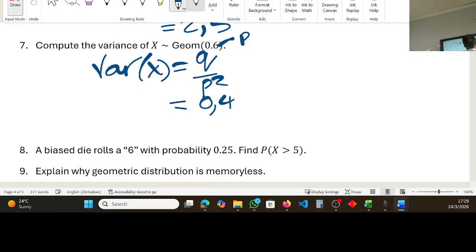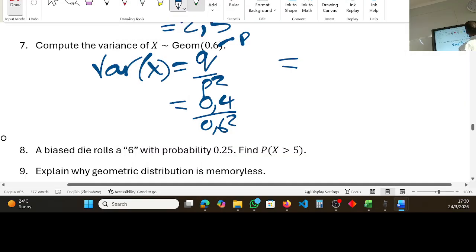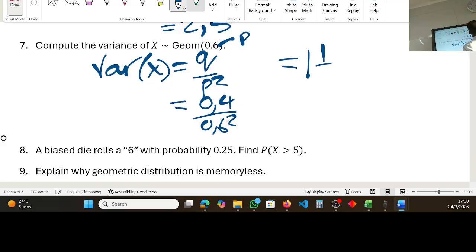So I'll have 0.4 in the numerator over 0.6 squared. Let's check what we get from our calculation. I put my equal sign there, then I have 0.4 as a fraction over 0.6 squared. The calculator says it's 1 and a 9, so my result is 1 and a 9.